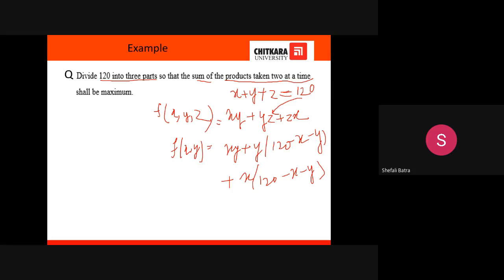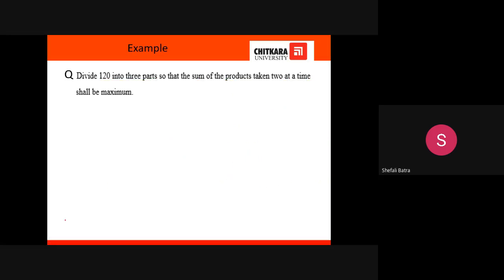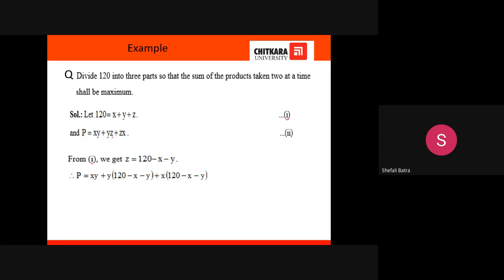And after that, you need to proceed in the similar way. So let us start this question. Let 120 is equal to x plus y plus z. This is the sum of products. So you need to remove z from this function. So you are putting z is equal to 120 minus x minus y. Put it here. So this is your new function now.